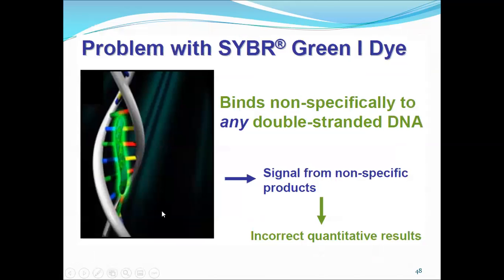To sort this out, there is another necessary step done after the SYBR Green based PCR. You do a melt curve analysis. Melt curve analysis actually tells you whether the amplification is specific or non-specific, whether it is just the contamination or the primer dimer or the specific product.